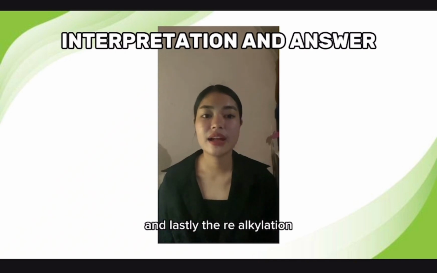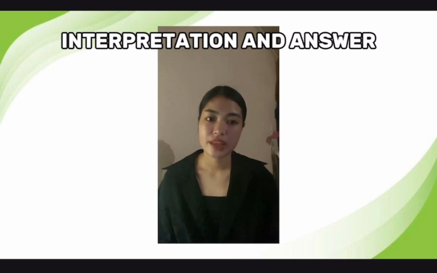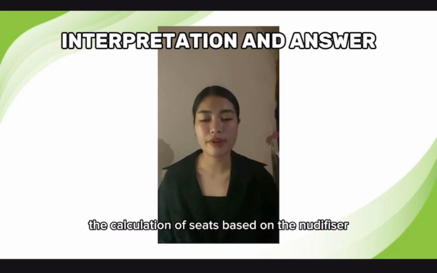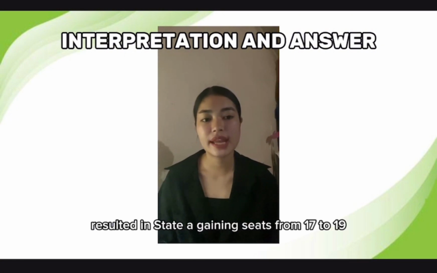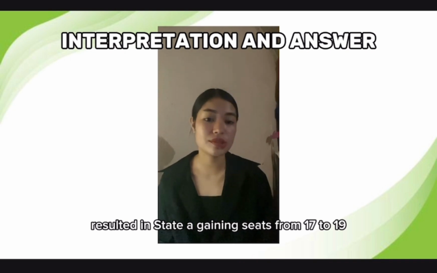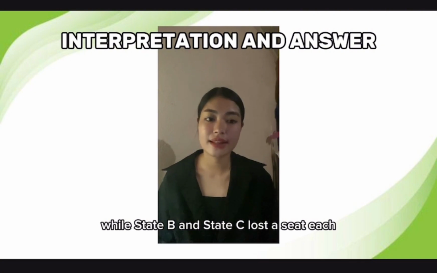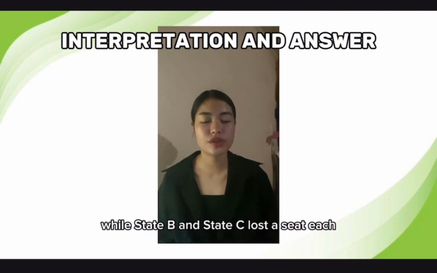And lastly, the recalculation. The calculation of seats based on the new divisor resulted in State A gaining seats from 17 to 19, while State B and State C lost a seat each.